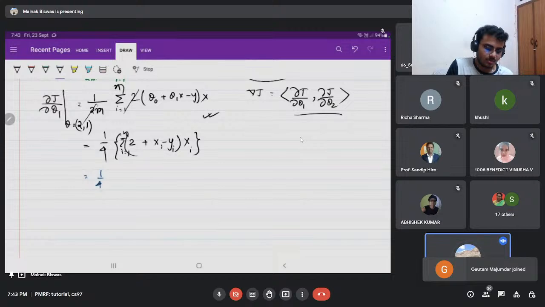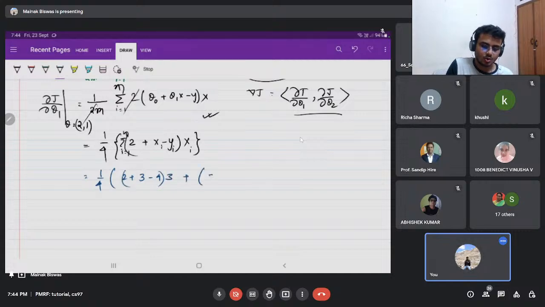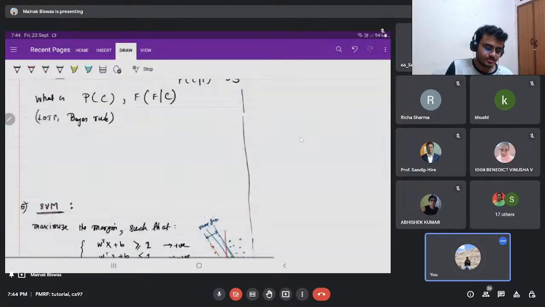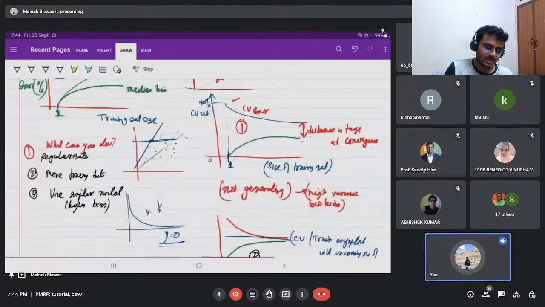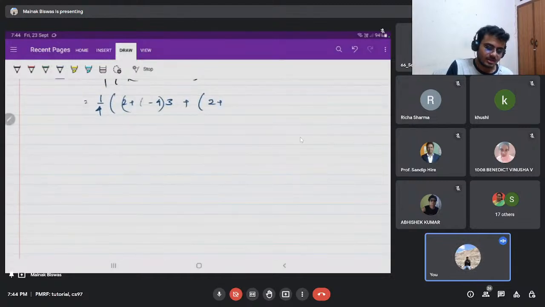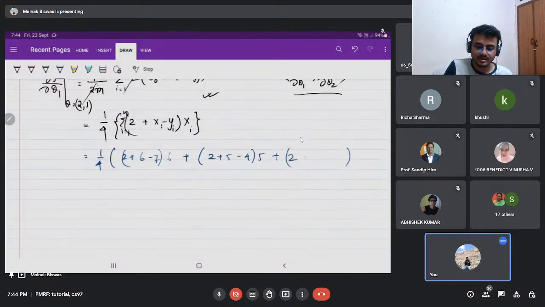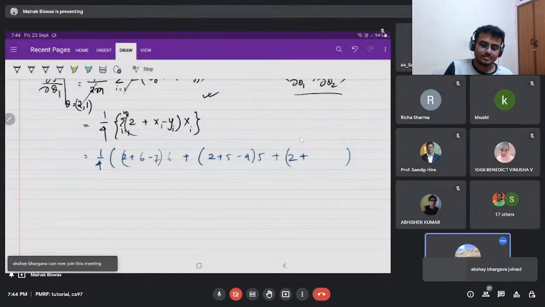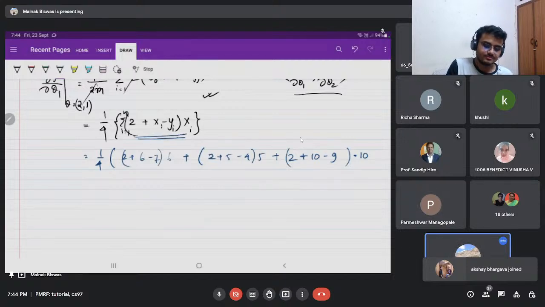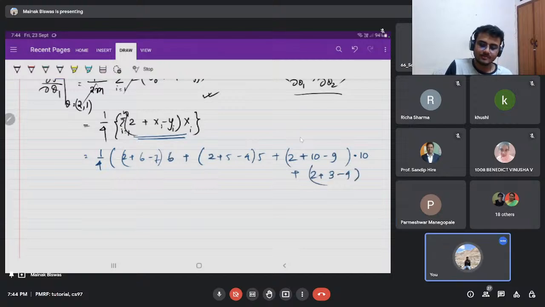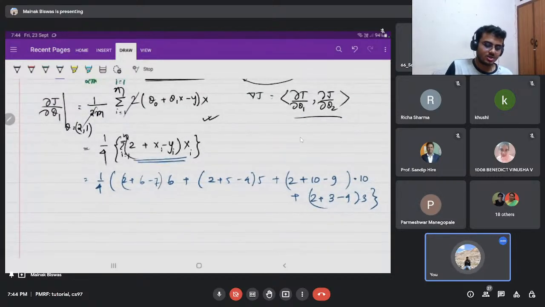So I'm writing 1 by 4 times: (2 plus 6 minus 7) into 6, plus (2 plus 5 minus 4) into 5, plus (2 plus 10 minus 9) into 10, and the last one is (2 plus 3 minus 4) into 3. Similarly, I'll not do this calculation just to save some time.